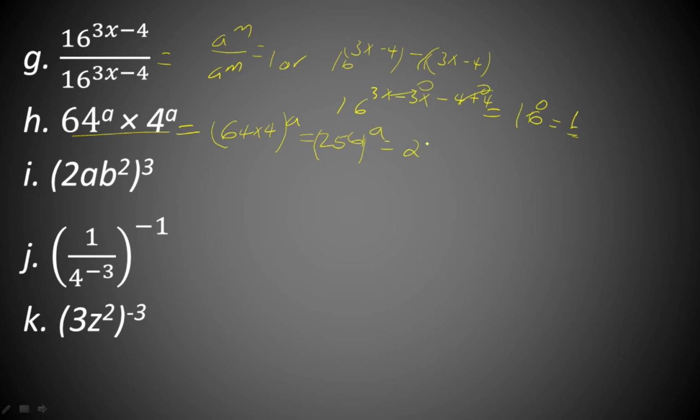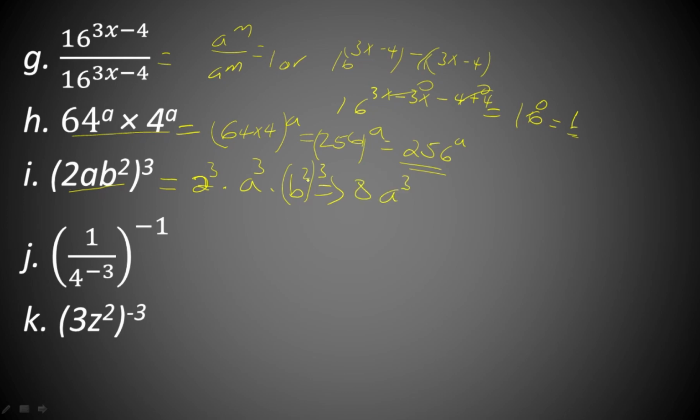For i, the exponent 3 applies to all the numbers inside the bracket. Therefore, the exponent applies to the number 2, as well as a, and b squared. So this is 2 to the power of 3 times a to the power of 3 times b squared to the power of 3. 2 cubed is 8, and b to the power of 2 times 3.